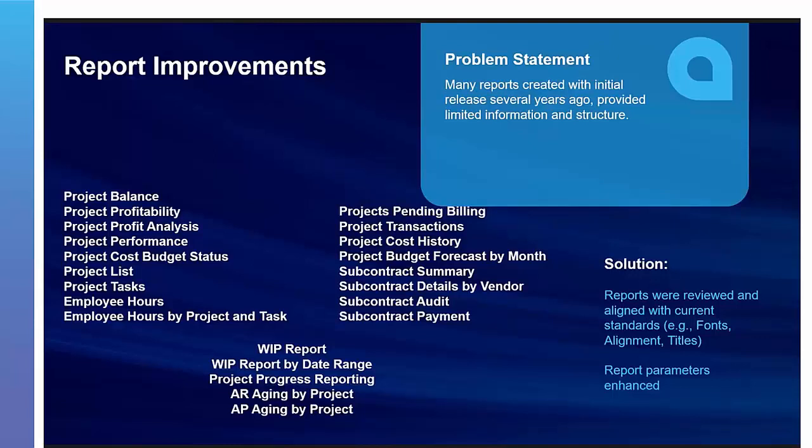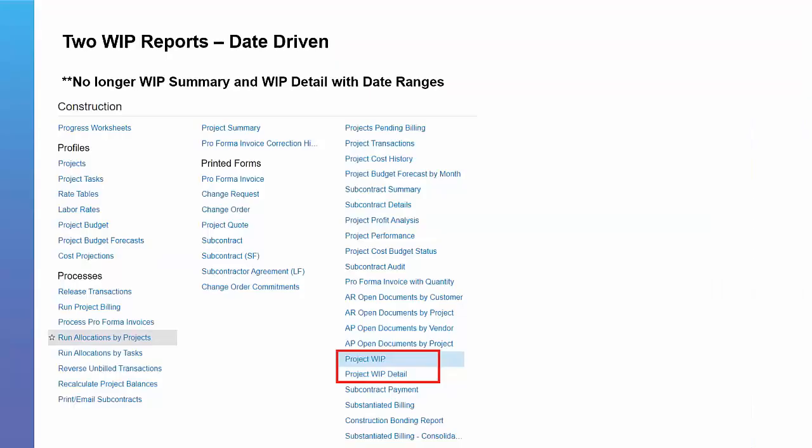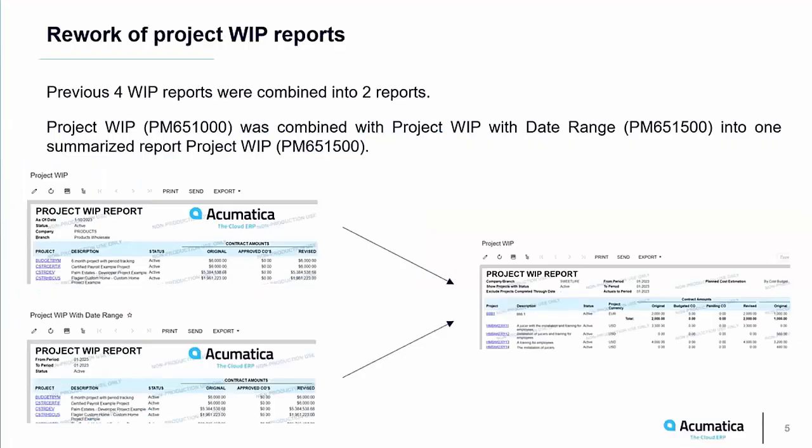I'm going to highlight the ones today, most importantly, being the WIP reports have been redone. There is no longer the 4 reports. So it used to be a project WIP and a WIP summary and then a project WIP detail with date ranges. So there was 4 reports in total.